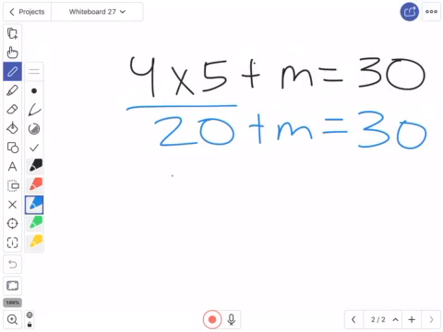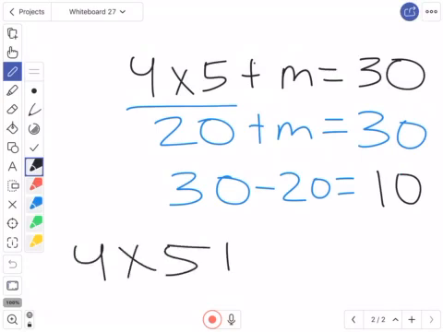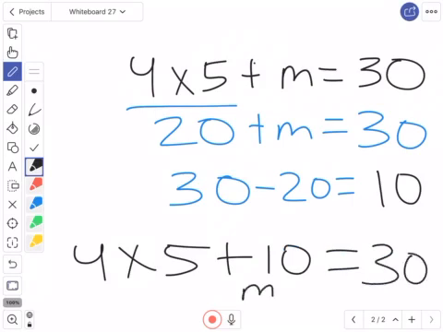Or another way I can think about it is the reverse opposite of it. 30 minus 20 equals m. Oh, okay, well, 30 minus 20, I can just rewind, we're going to put in here 10. Oh, so now I know that 4 times 5 plus 10 equals 30. So really, m equals 10.